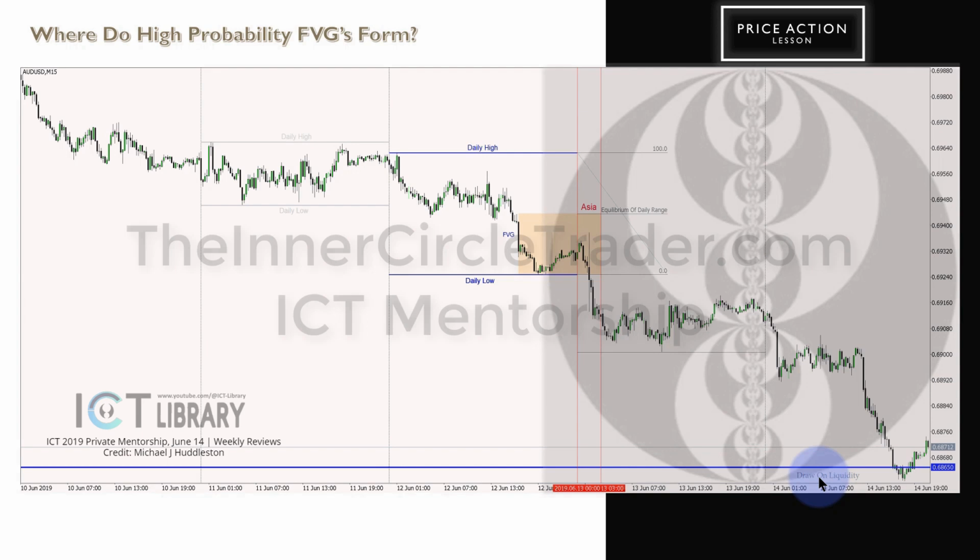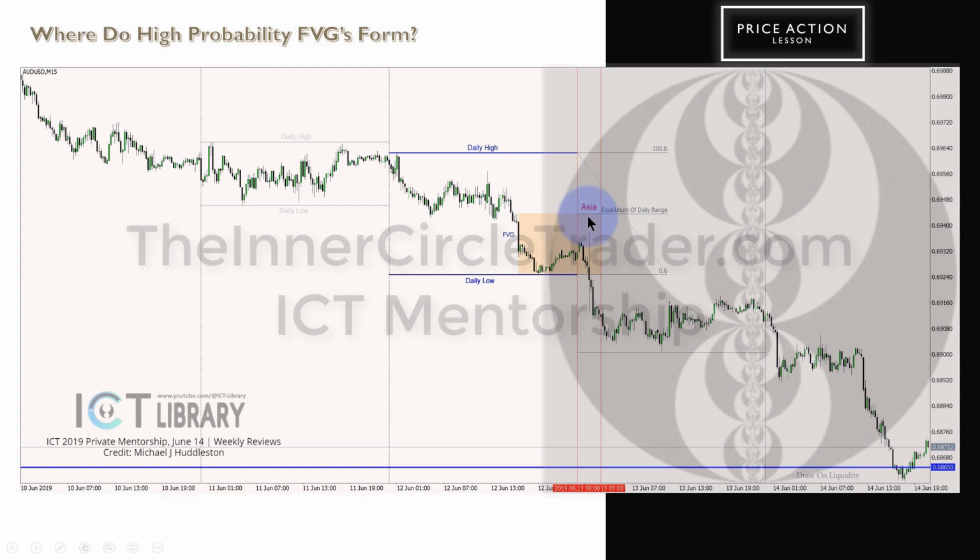But the fair value gap, and defining it for high probability, this is what it looks like. It's going to be in the lower 50% of the previous daily range when bearish. If that happens, then you know that you have a high probability fair value gap, and it occurs during a kill zone, which is the Asian kill zone.